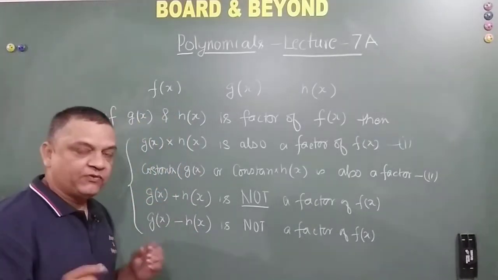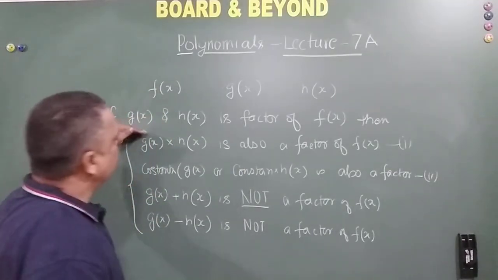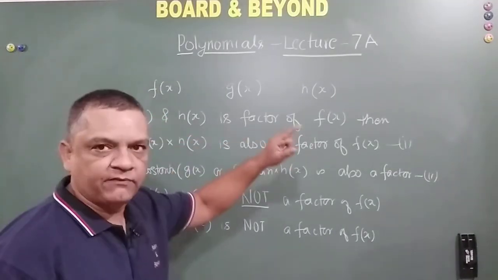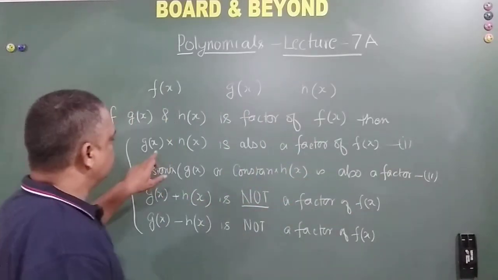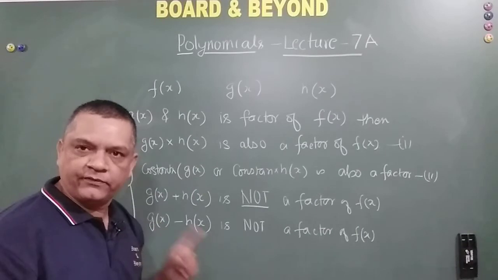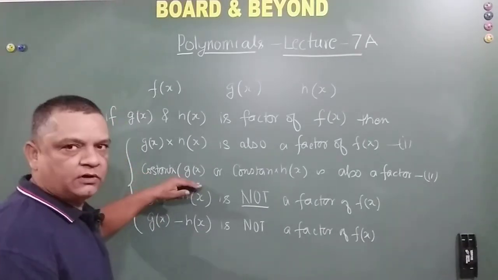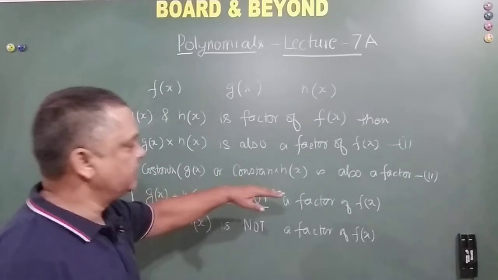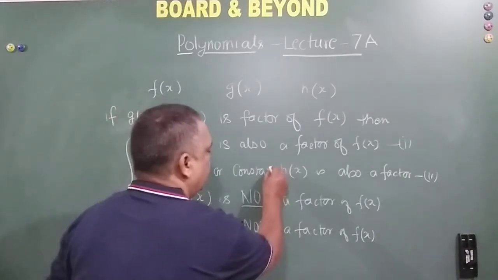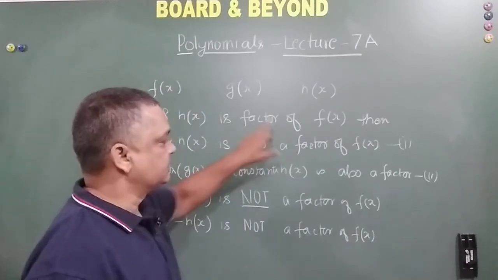So let me first summarize what I said. If g of x and h of x is a factor of f of x, then g of x into h of x will also be a factor of f of x. Then constant into g of x or constant into h of x is also a factor of f of x, right?